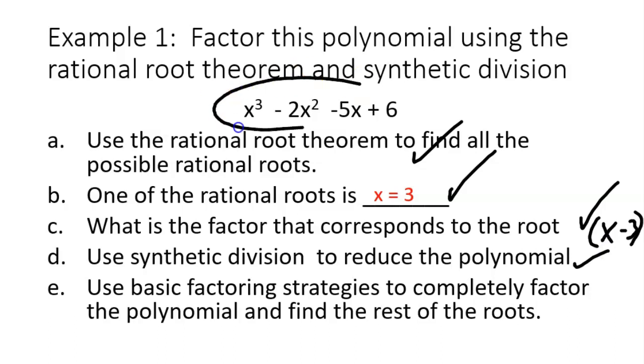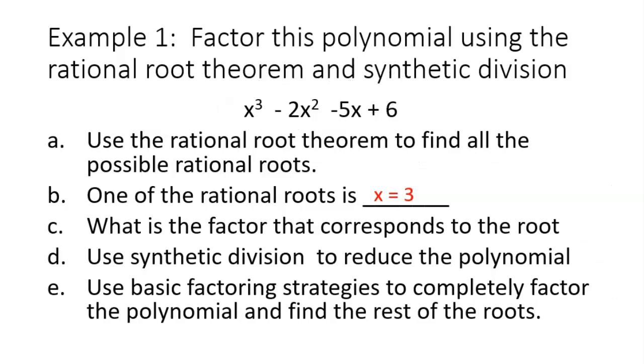You divide this polynomial by this factor. And then when you're all done, you put this factor next to the result, and you've reduced the polynomial or factored it into something smaller. And then from there, I made it so that you could just use one of the basic factoring strategies to completely finish it after that. Set each one equal to 0 and solve, and you're good to go. Okay?